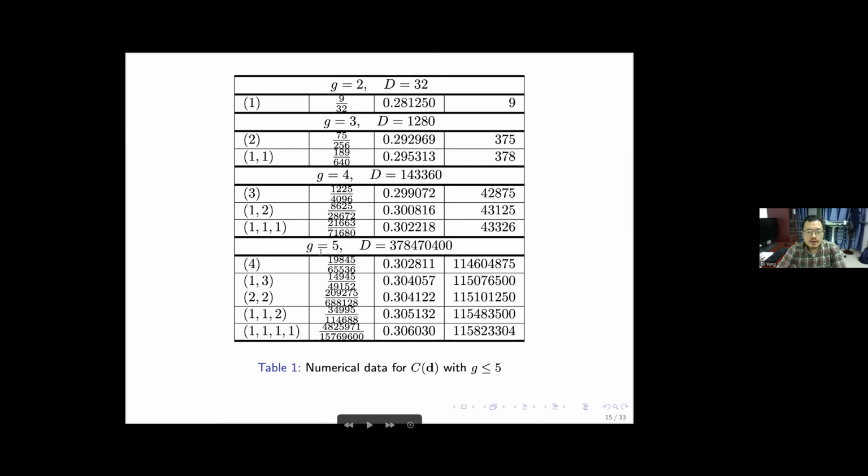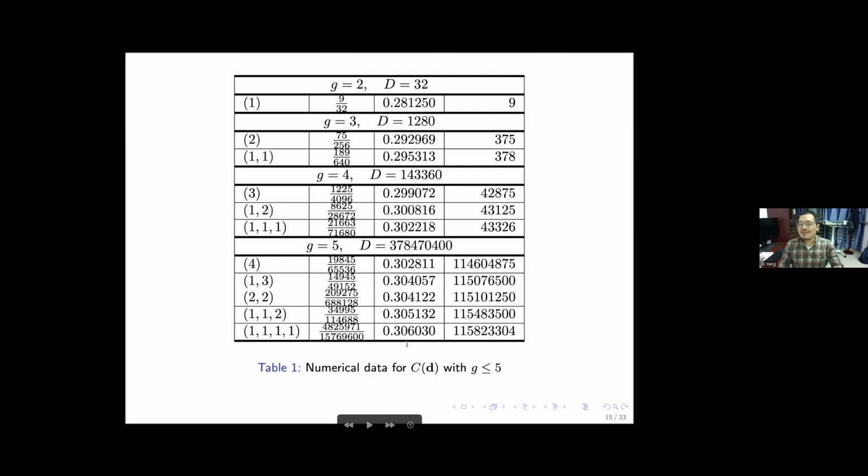And now here in genus equals 5, we have 5 partitions, and they are 0.3028, 304, and so on, right?